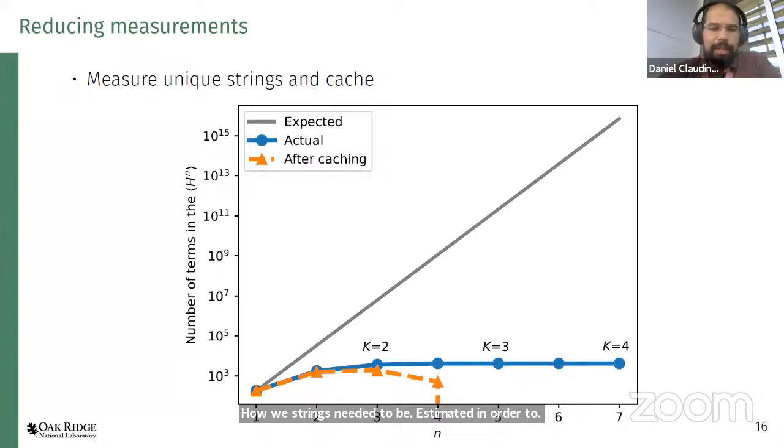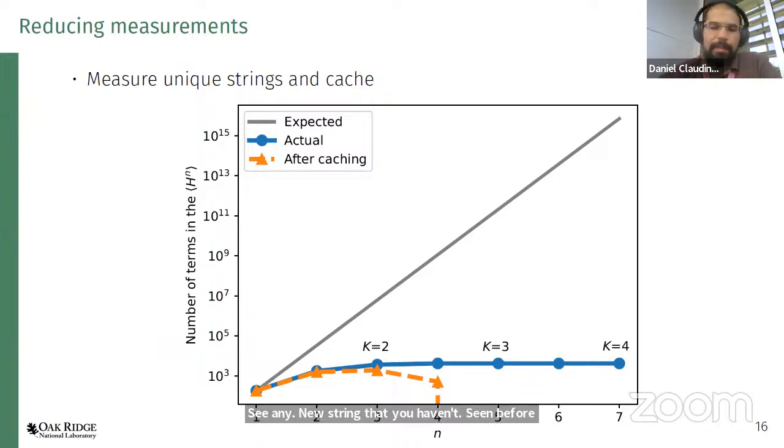And initially we naively thought, oh, it's gonna grow exponentially. As we started working on this problem, we noticed that there is a point after which you don't see any new string that you haven't seen before.